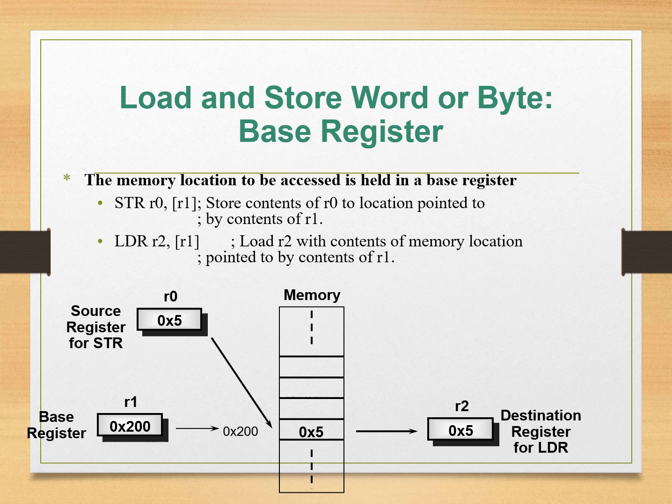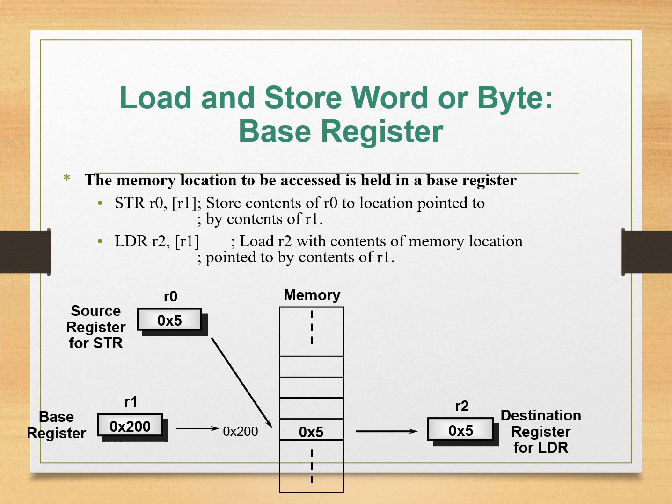If we look here, the memory location to be accessed is held in the base register. Okay, so the syntax, the code to use: STR R0, and then we have a bracket with R1, where we store the content of R0.